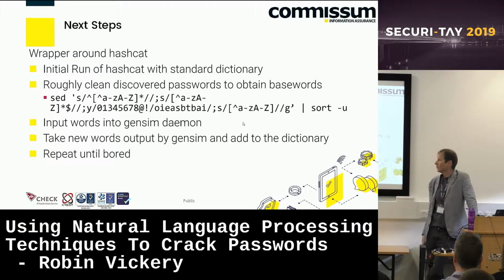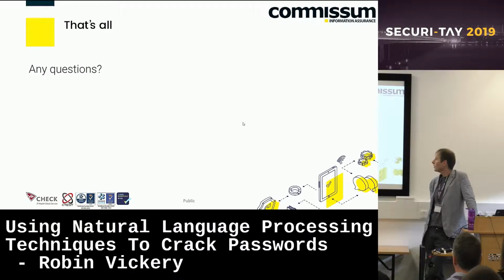It will output a whole load of similar words, and then we put those back in the dictionary and rerun hashcat with that. We repeat until we get bored or it's not producing any new passwords. We can then reseed with different words if we want to, or we can leave it at that. And that is what I've got to so far, what I'm working on at the moment. So, any questions?